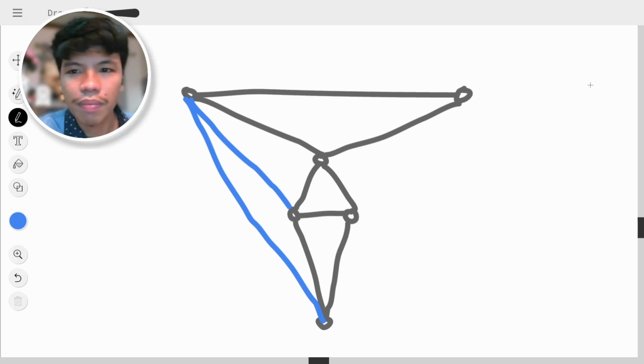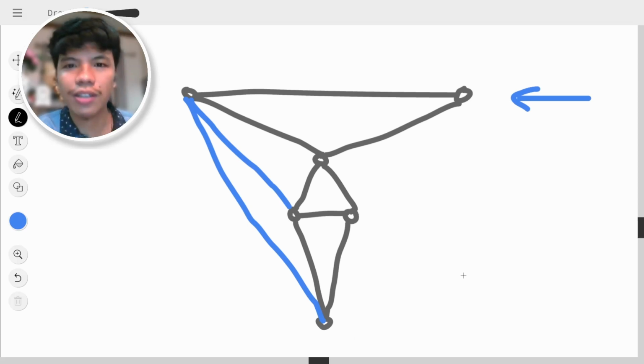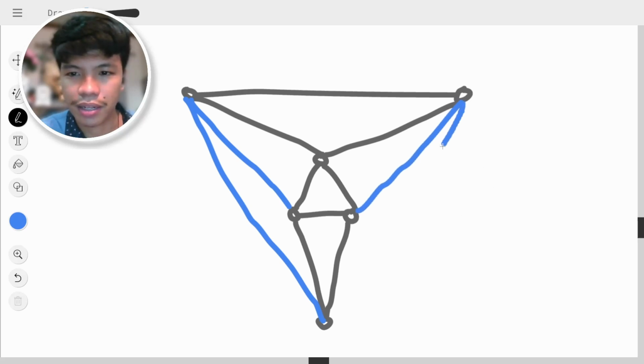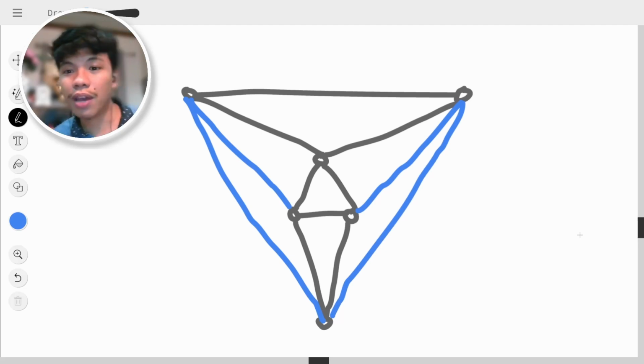This vertex is also not adjacent to these. Now let's try to connect them. So far, no edges are crossing or intersecting, so it is still considered a planar graph.